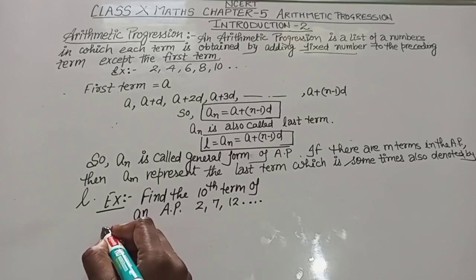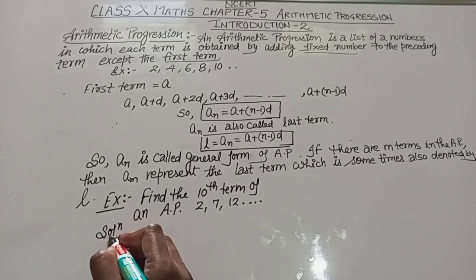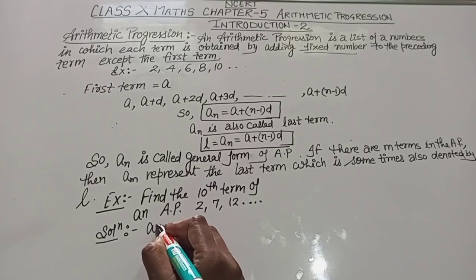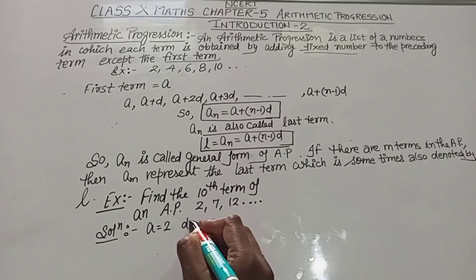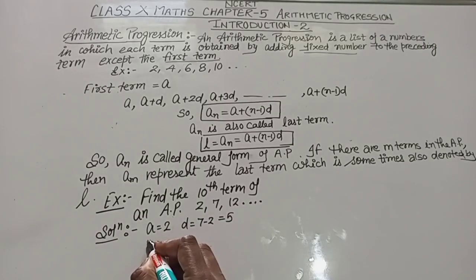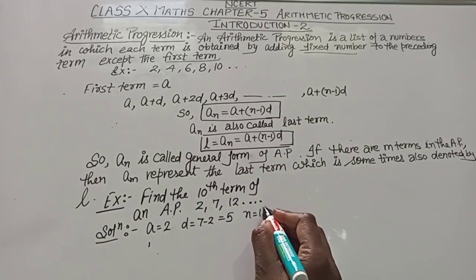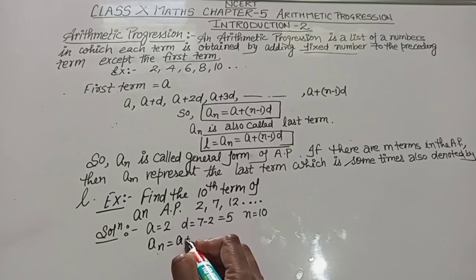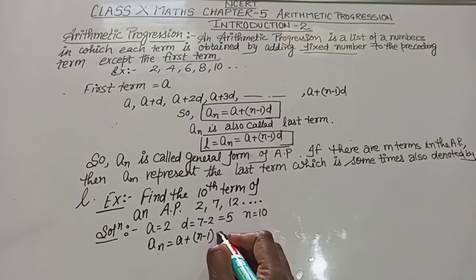Solution: a is equal to 2, d is equal to 7 minus 2 is equal to 5, and n is equal to 10. So an is equal to a plus (n minus 1) into d.